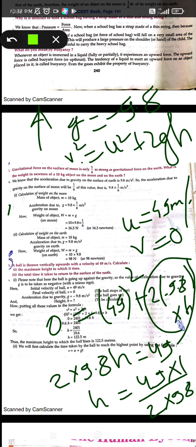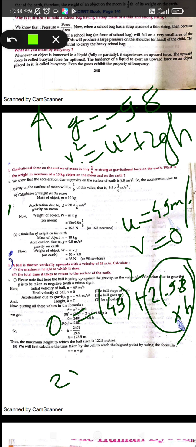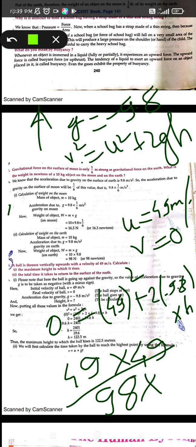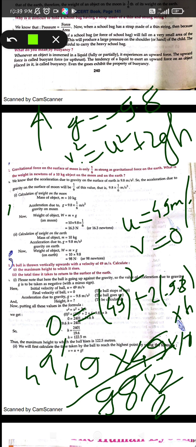So we get the value: 49 into 49 into 10 upon 98 into 2. 49 2s are 98, so it will be 490 upon 4. 4 ones are 4, 4 2s are 8, the remainder is 1, so 10, that will be 4 2s are 8, again 25, so it will be 122.5 meters.